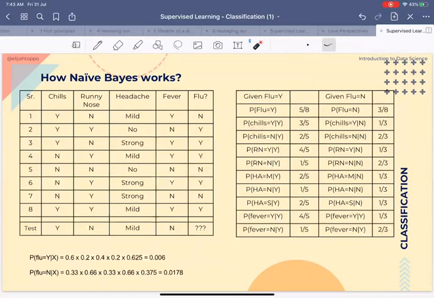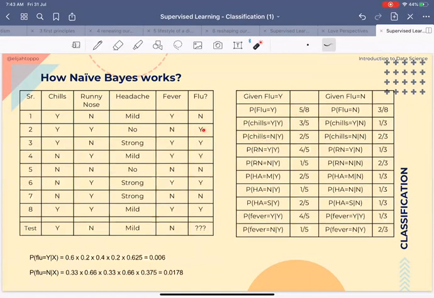Now we are taking one of the features. We are looking at chills and trying to evaluate two probabilities. What is the probability that someone has chills given we know that they already have flu? And what is the probability that someone does not have chills given they have flu? How many examples do we have of a person having flu? We have 5 examples.